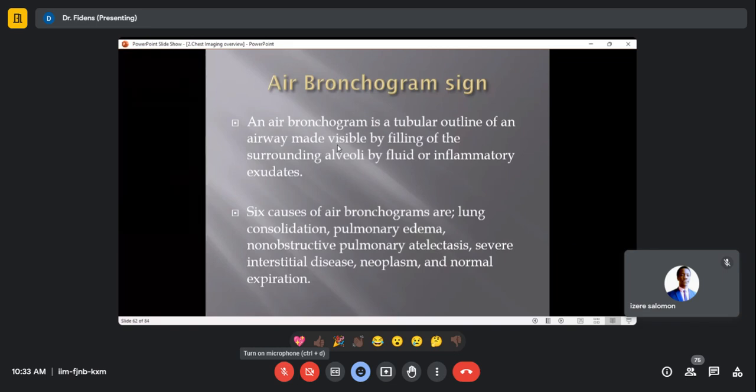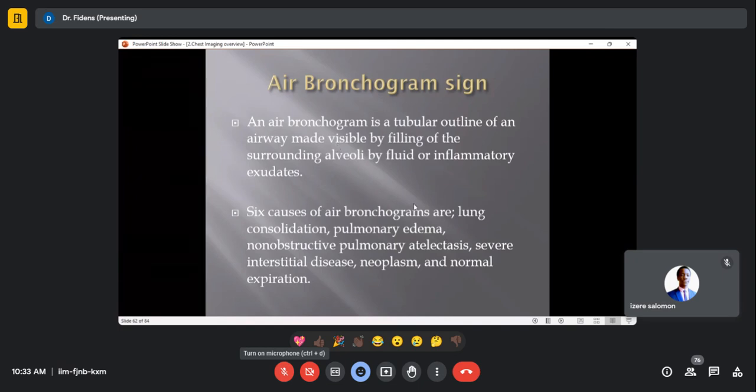The solid mass will push away the bronchi. But the collection of fluid will not push them away. The bronchi can pass through the fluid collection. So can you get the importance of this air bronchogram sign? It can tell you this is fluid collection or this is solid mass.